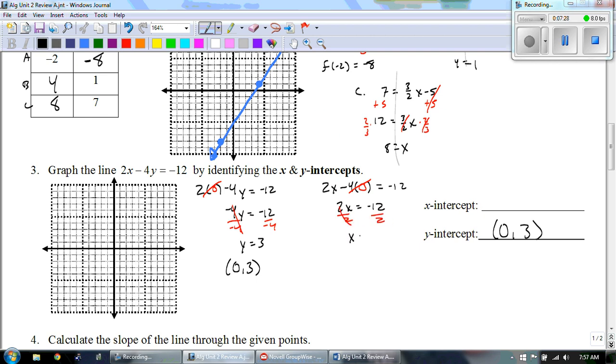We get that x equals negative 6. And remember, that's the point negative 6, 0. Okay, so negative 6, 0, and 0, 3. There are my 2 points. And then I use my straight edge to draw my line.